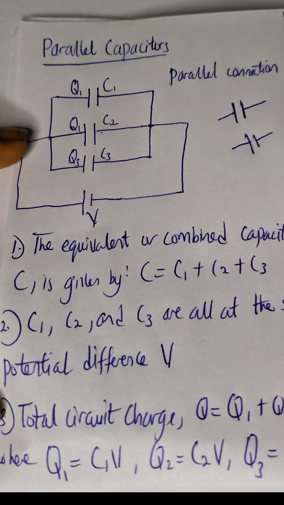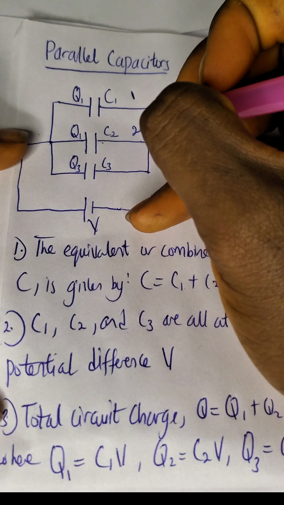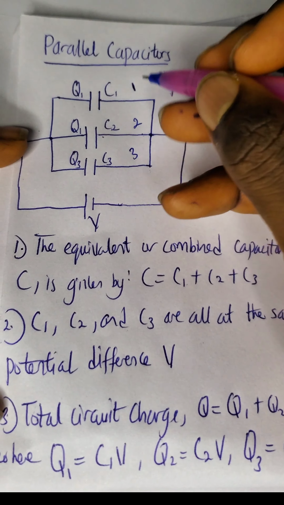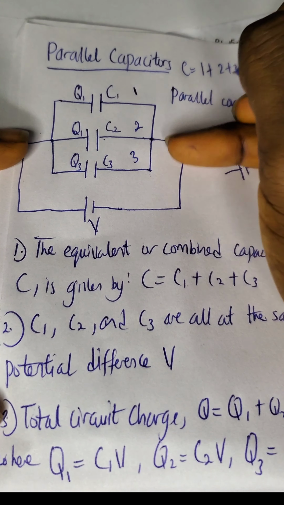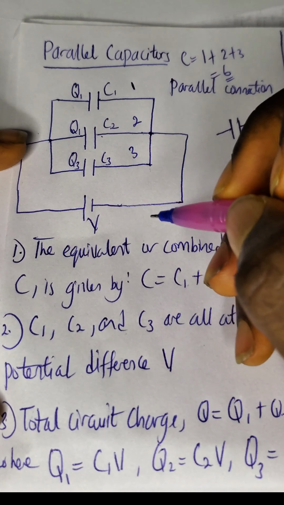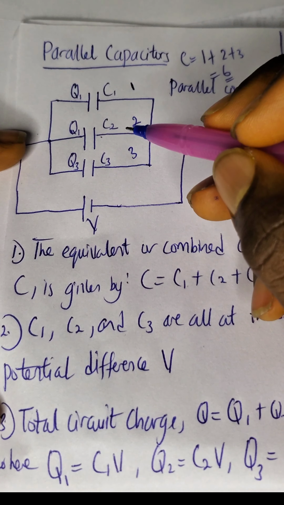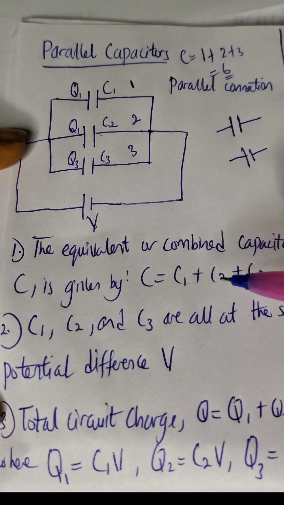This is how you get it. Let's say for instance you have 1 farad, 2 farad, and 3 farad. The total capacitance will give you C equals 1 plus 2 plus 3, which gives 6. That is for parallel connection.